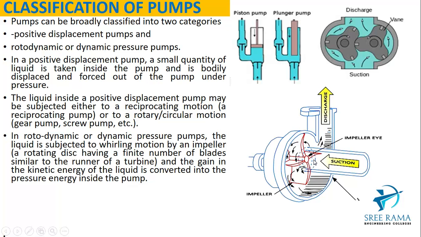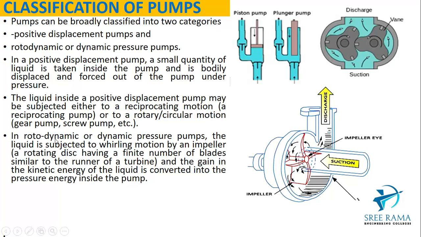The impeller rotates, hence the dynamic condition. Therefore, these pumps are known as rotodynamic or dynamic pressure pumps. In these, the liquid is subjected to rotary motion because the impeller is rotated and the liquid will also get rotated. The impeller converts this into kinetic energy of the fluid. This kinetic energy is later converted into pressure energy.